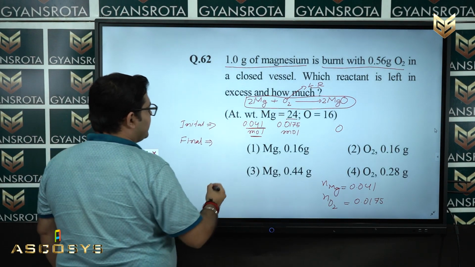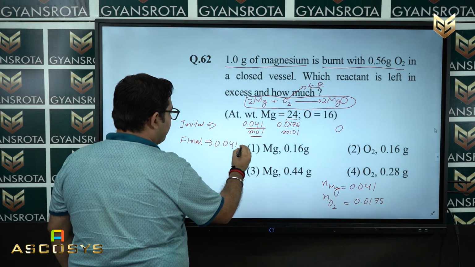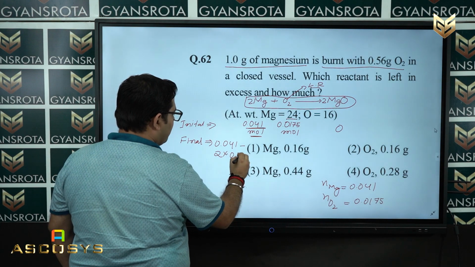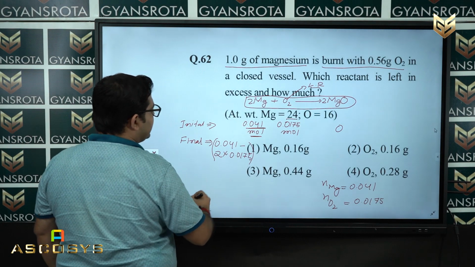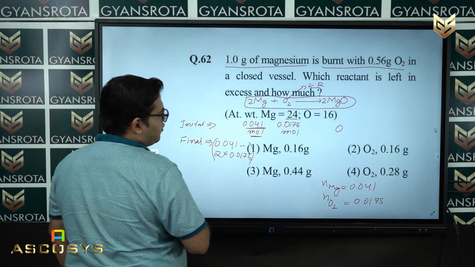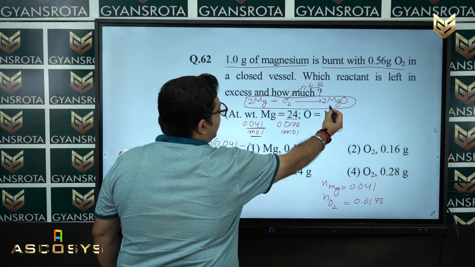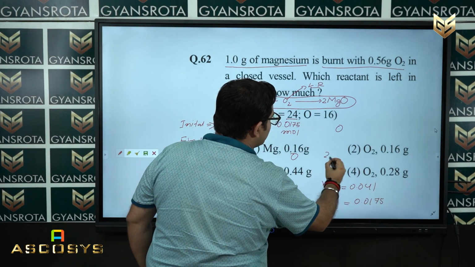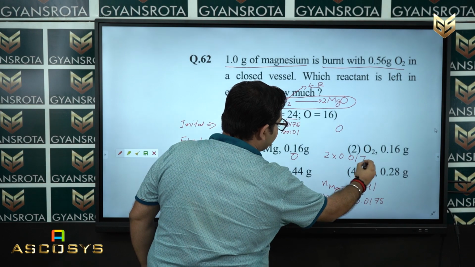So, from 0.041 minus 2 into 0.0175, this is the final concentration of your magnesium. And what is the final concentration of oxygen here? It will be 0. And what is the final concentration of magnesium oxide? It will be 2 into 0.0175.